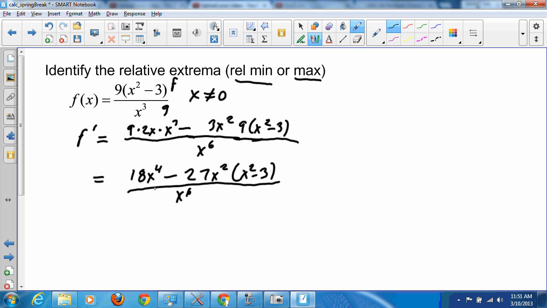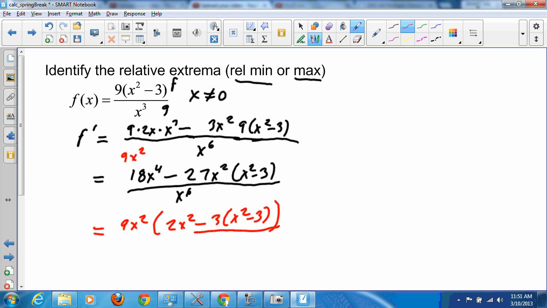Simplifying a little further, we notice that what's common here is a 9, and they each have at least x squared in it, right? So let's factor that out. We have 9x squared. That leaves me with 2x squared minus 3 times x squared minus 3.